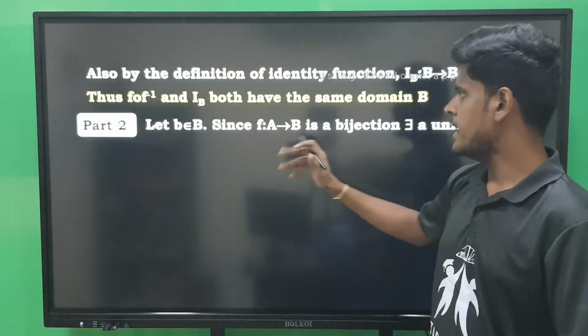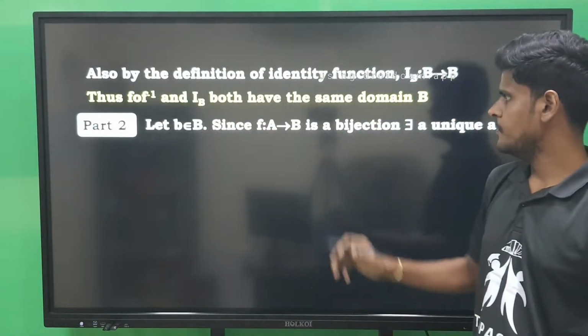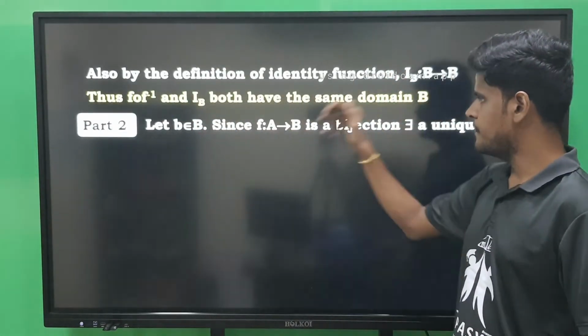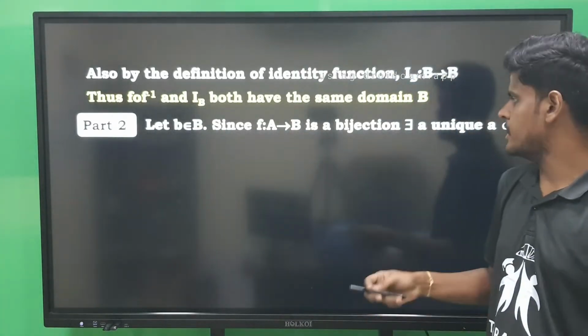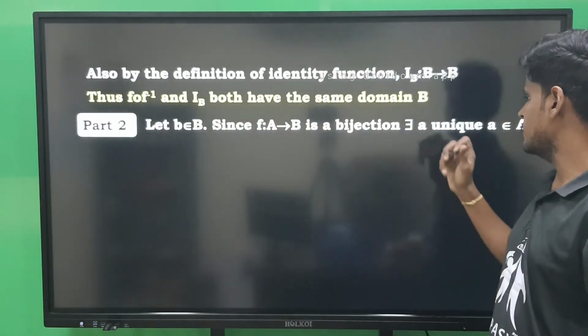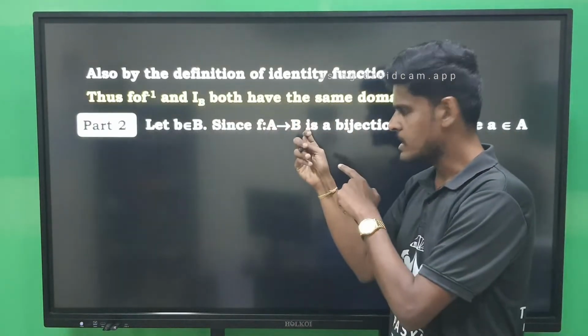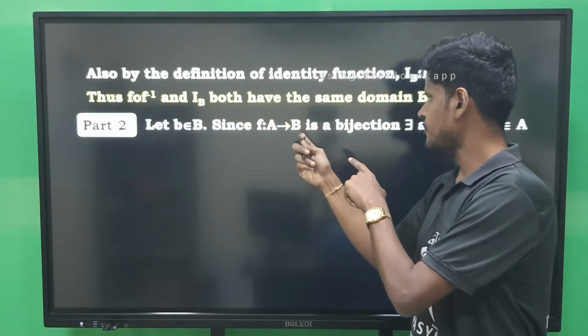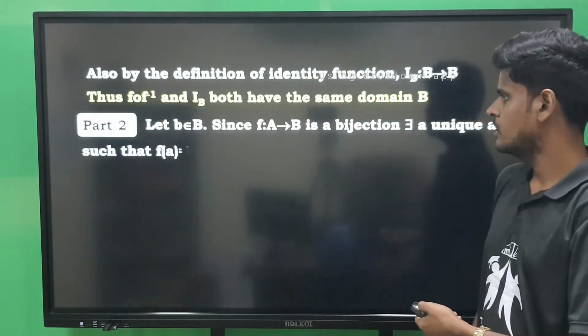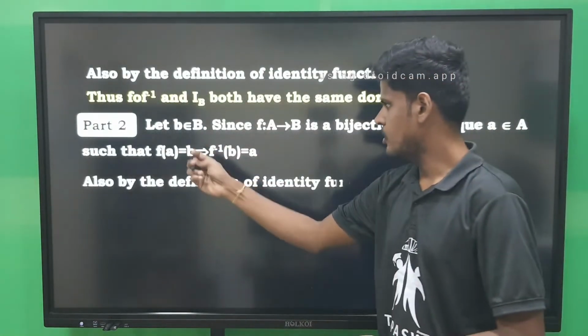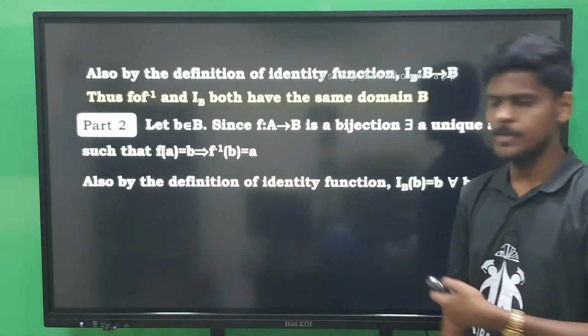Both have the same domain. Now we should check the onto nature of the function. So let b be any element in set B. Both domains are B. f is a function from A to B and is a bijection, that is given. That means f is a bijection, so f inverse of b will give a. f of a equal to b, f inverse of b will give a.